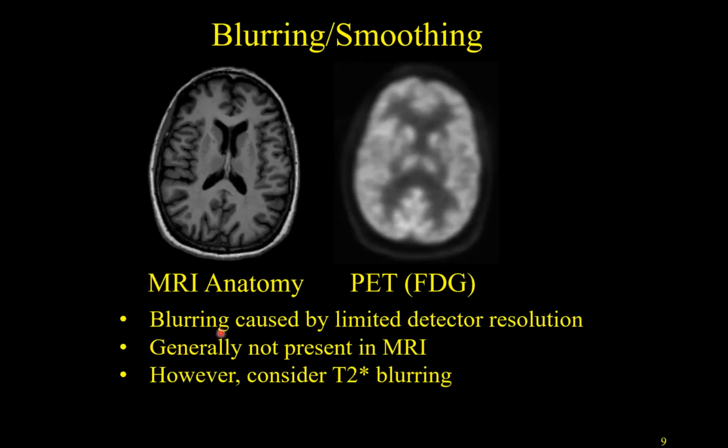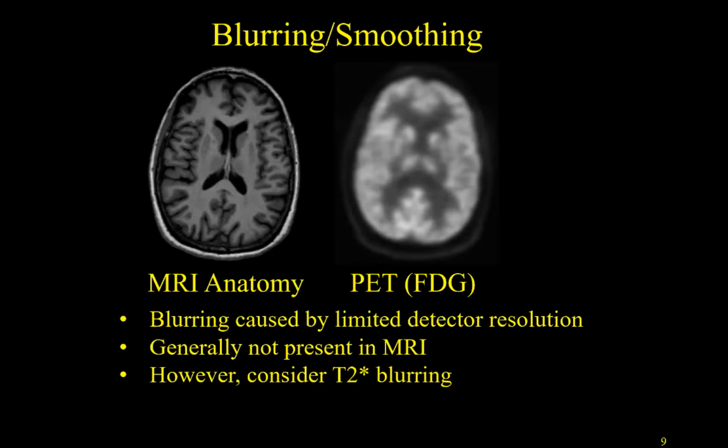As I said before, this is generally not a problem in MRI, but as we try to squeeze out more and more resolution, you might have to worry about something like T2 star blurring, which can cause a little bit of blurring in the phase encode direction due to the T2 star effect.